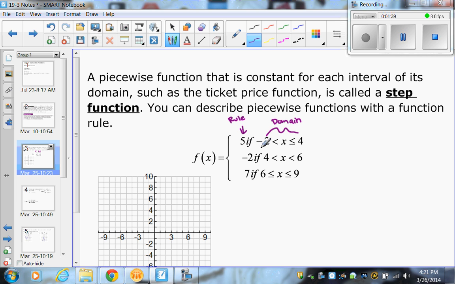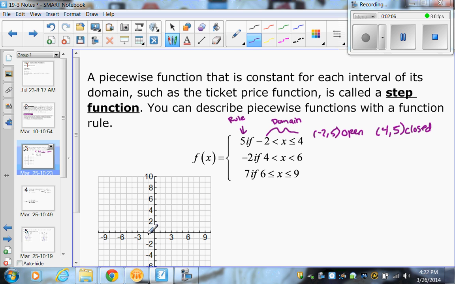So what this is telling me is that at x equals -2, I'm at 5. And because there's no equal sign right here, it tells me it's going to be an open hole. At 4, I'm still at 5, but because there is an equal sign here, I'm going to have a closed hole.